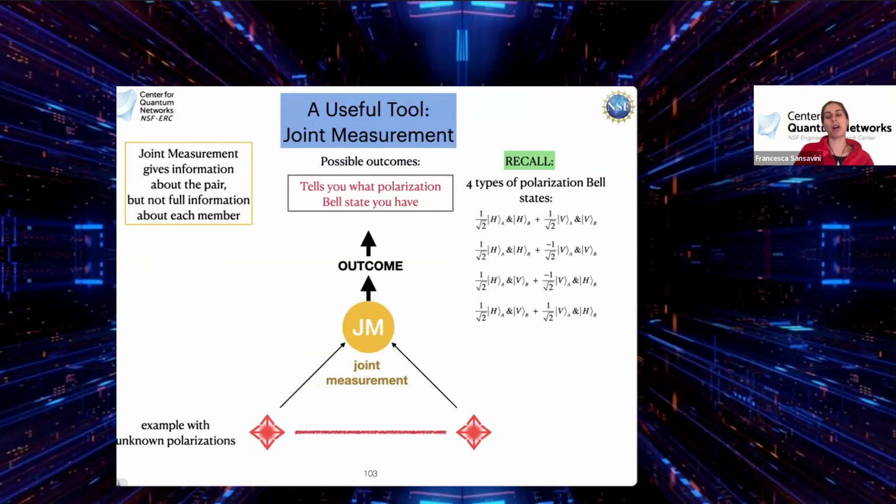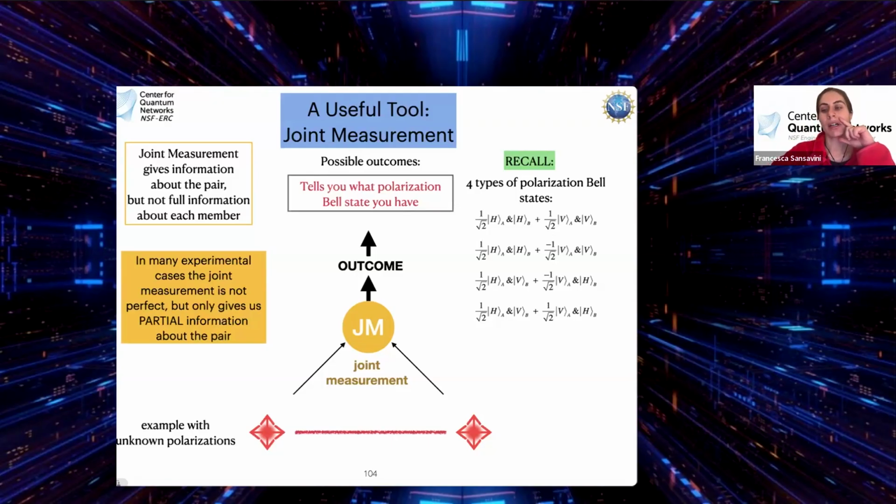So for example, if we have a polarization Bell state, we send the two photons through the joint measurement tool, and then we will have an outcome. The outcome will tell us which polarization Bell state we have, among the ones that we can see here on the right: HH plus minus VV, and HV plus minus VH.